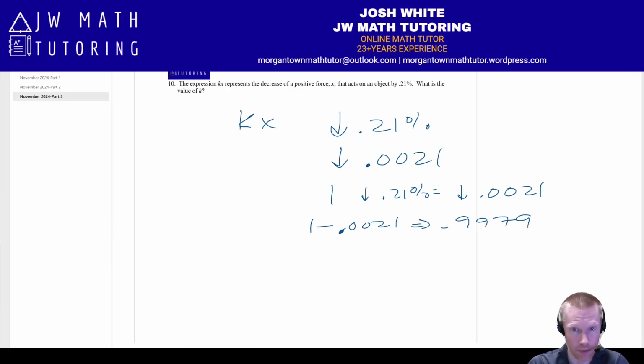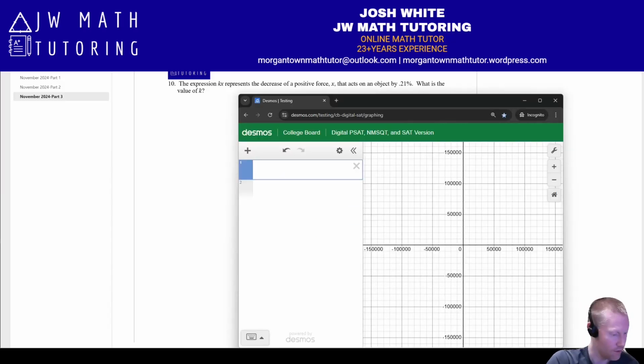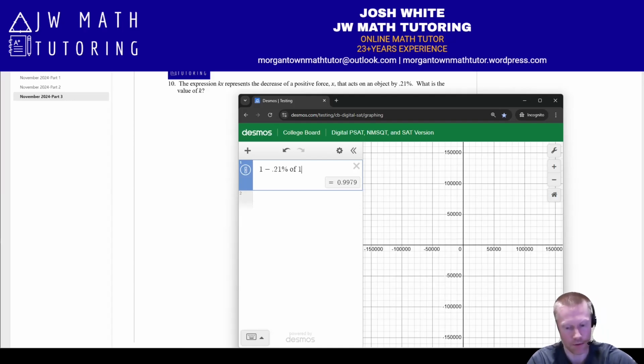I decreased it by 0.21%, which meant I decreased it by the decimal equivalent of 0.0021. And if you just go to Desmos and subtract that, you should get 0.9979. We should also be able to do 0.21% of 1. You could also even type it in with a percentage like this, and you could see it gives you the same answer.